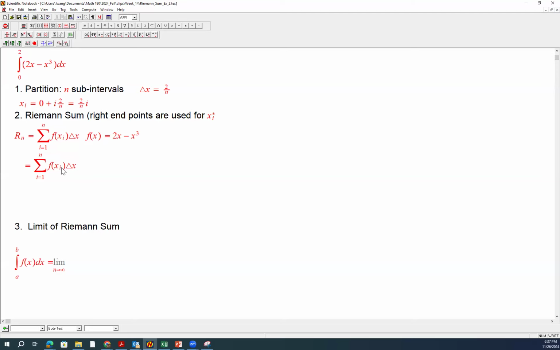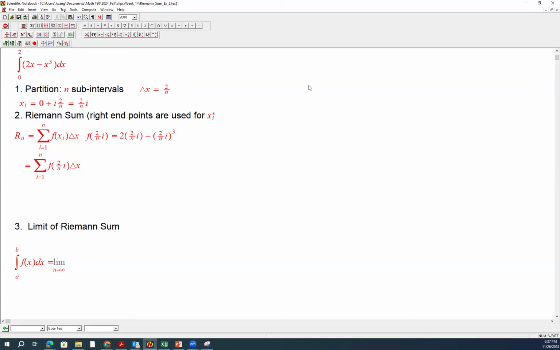Okay? And now we're going to substitute x sub i. x sub i is this piece. There we go, right? And substitute x by x sub i. So this one over here will be substituted, and that's substituted, and that x is also substituted.